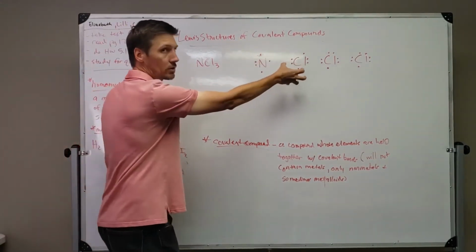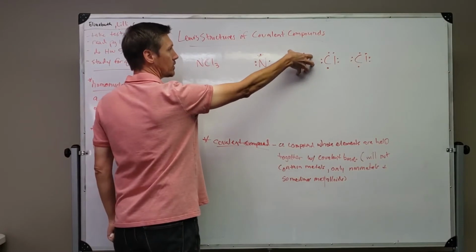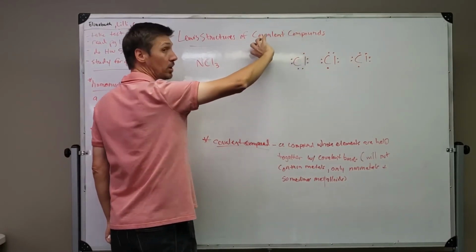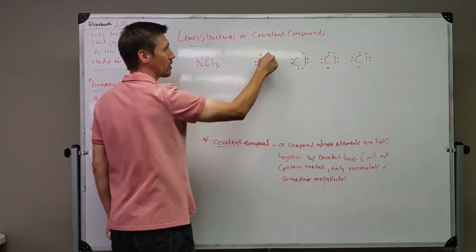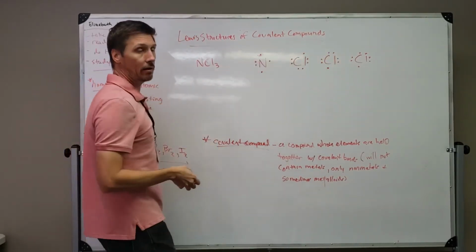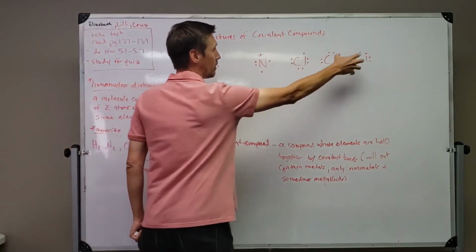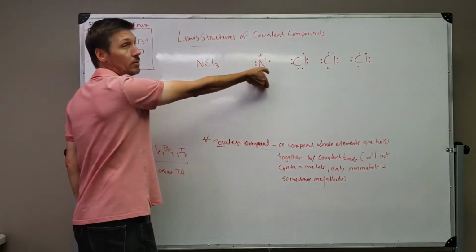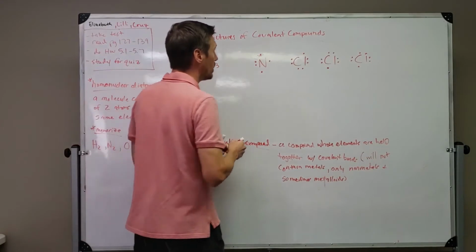If you think about this as a puzzle in your mind, taking the Cl and rotating it and plugging it in there, then this electron will be shared with that one. This one, we'll rotate and plug in there so that this one and this one are shared together. And then we'll take this one and rotate it up underneath here so that those two are shared together.